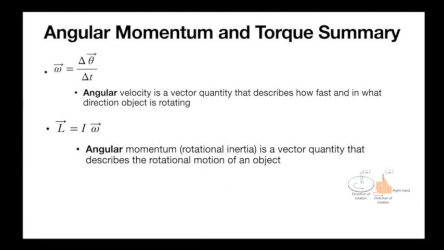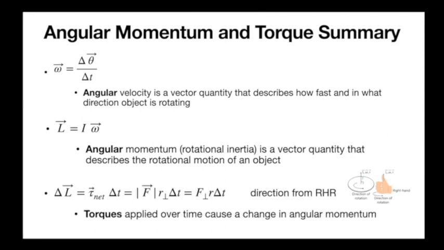And then finally, to get changes in angular momentum, we apply a torque over time, which we know comes from a linear force, but more particularly a linear force that is applied away from the axis of rotation, and not just that, but the perpendicular piece of that force. So there's a lot here, but this is going to be the foundation for everything we do with angular momentum and torque and stuff like that.